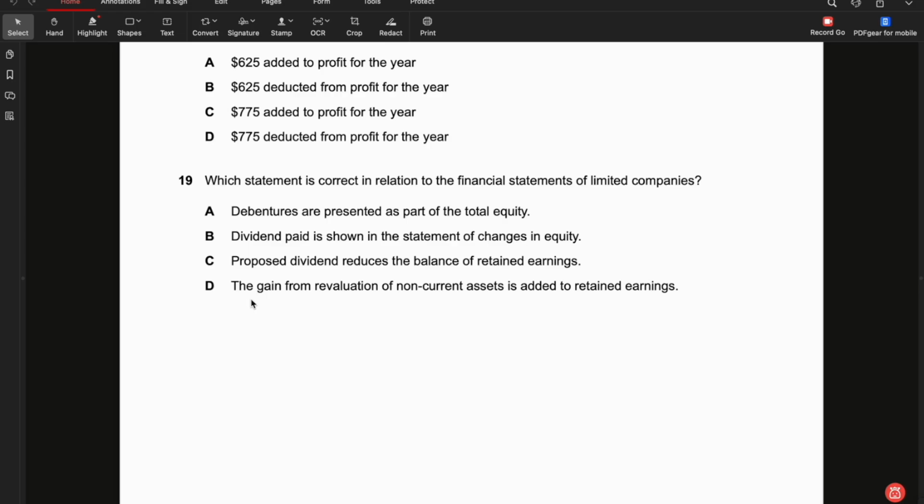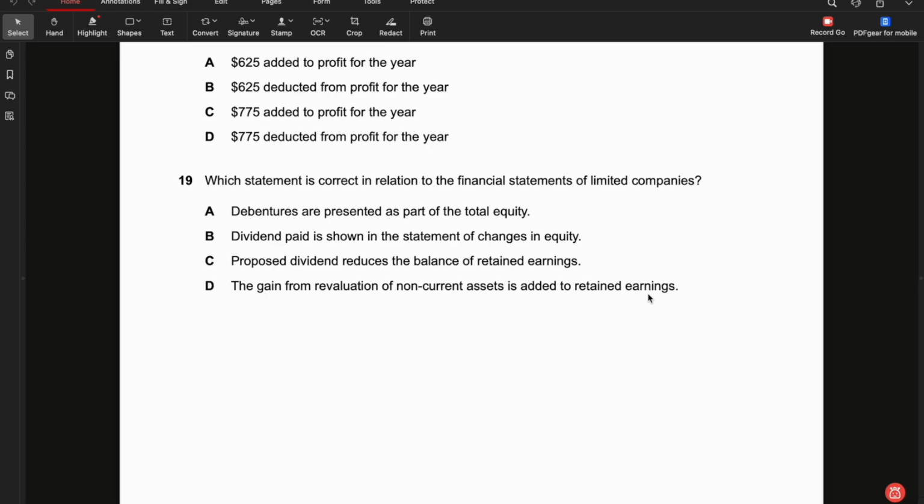And number D, the gain from revaluation of non-current asset is added to retained earnings. So revaluation of non-current asset is a capital gain, so we'll write it under revaluation reserve. And retained earnings was created out of profit for the year, so it is revenue reserve.